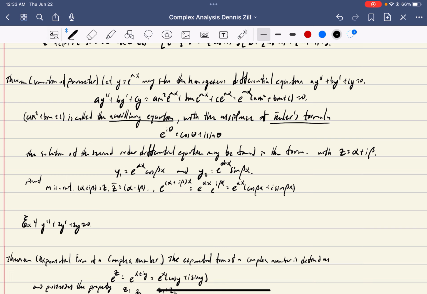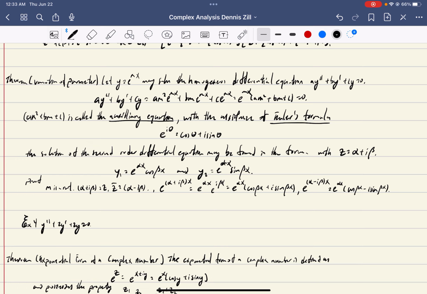And similarly for the other root, that is just equal to e to the alpha x times cosine beta x minus i sine beta x, right?